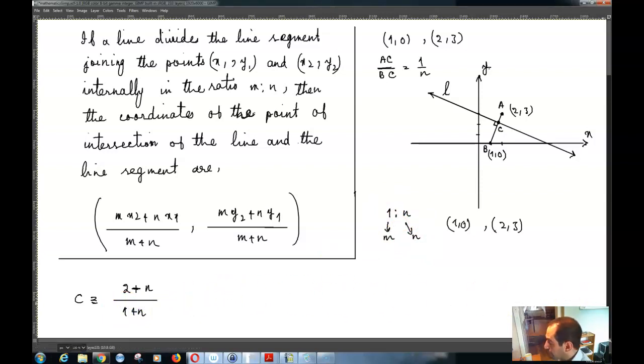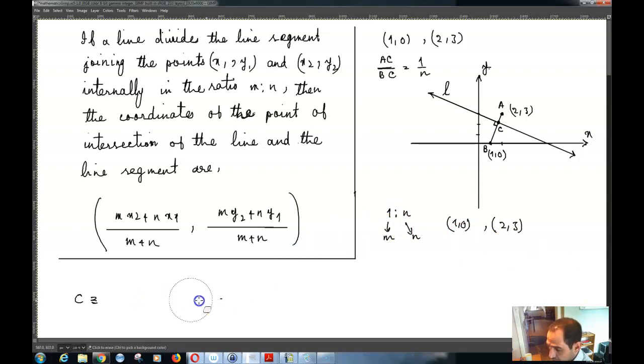And over here you have m times y2, 1 times 3, which is 3, plus... It's always a good idea to write down all of these, because otherwise most of the time you do make mistakes.